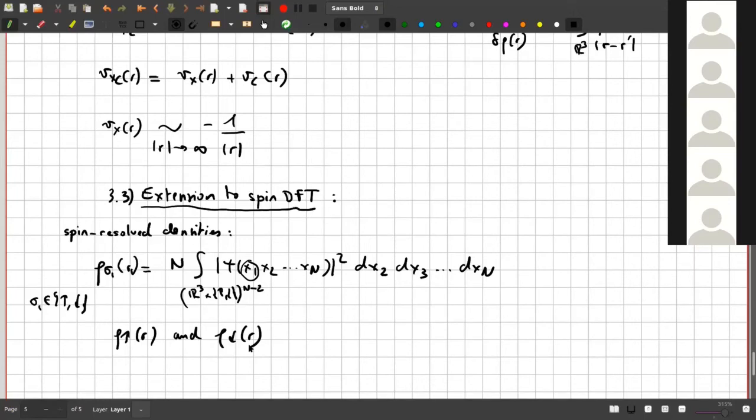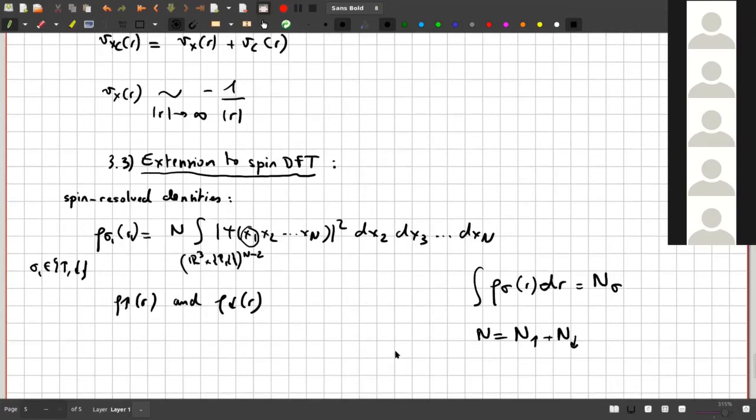And, okay, if I integrate this spin-resolved density I find the number of electrons for this spin. So I will call it N sigma. Of course, the total number of electrons is the sum of the electrons of spin up and the electrons of spin down. Now, when do we need that?